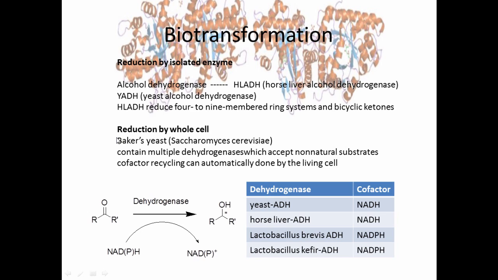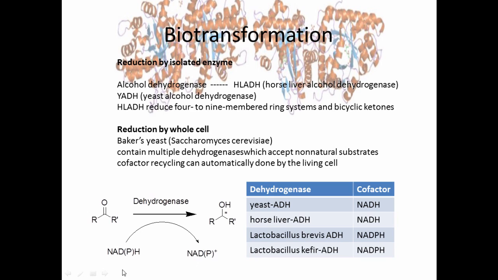Baker's yeast is used for the whole cell. Now, a simple concept here: the cofactor is oxidized. If the product is made on a large scale, it is also oxidized. Now how is it recovered again? Another enzyme is used for conversion of the oxidized NADP back to the hydride form.